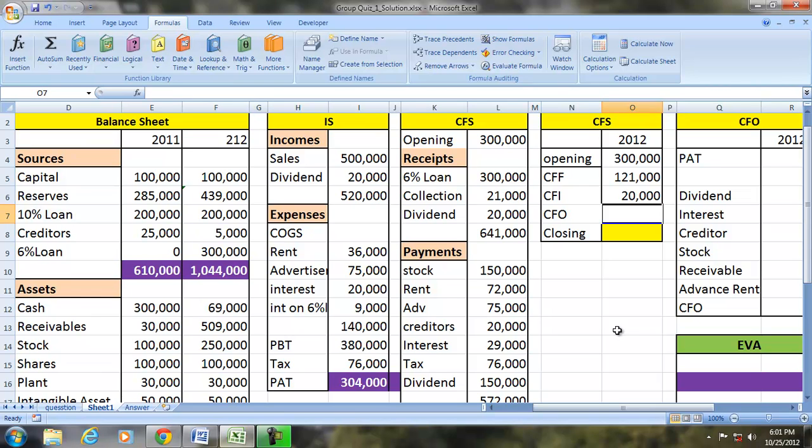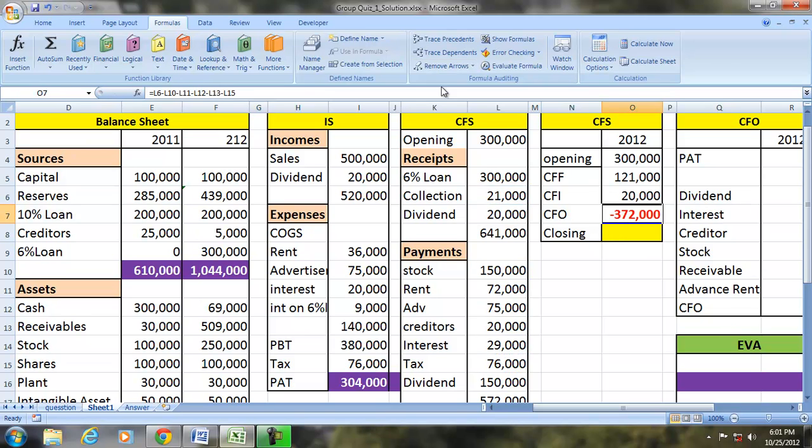So the cash from investment is a positive 20,000, and cash flow from operation is the collection minus the purchase of stock, minus rent, minus advertisement, minus the payment to the creditor, and minus the payment towards the tax.